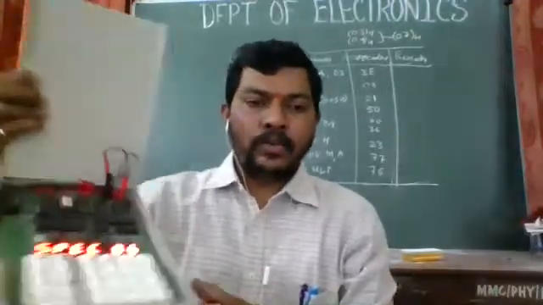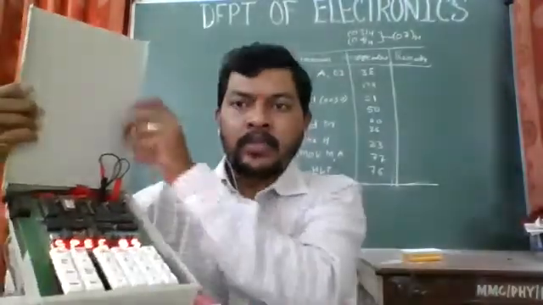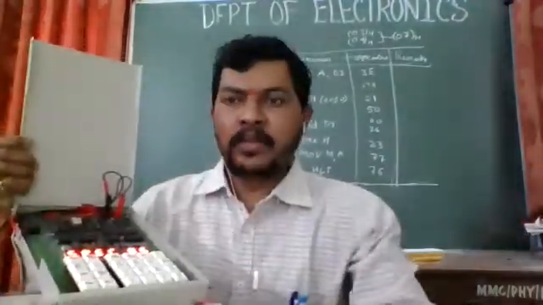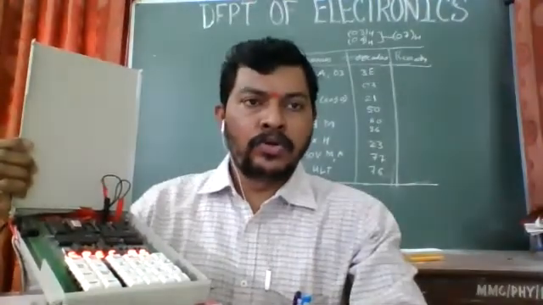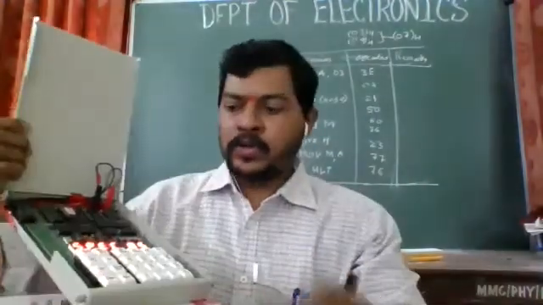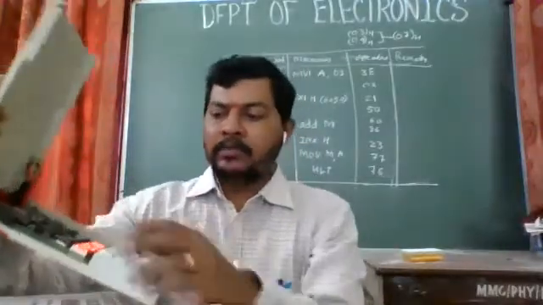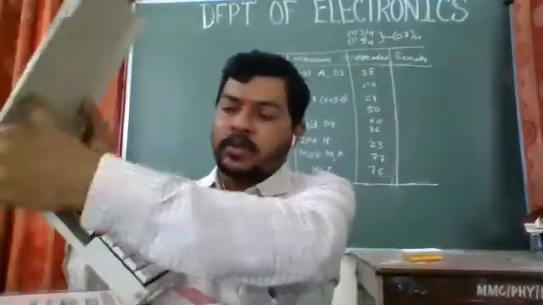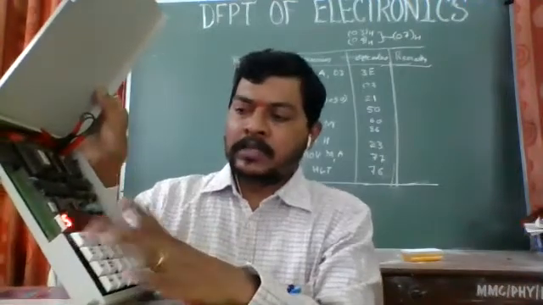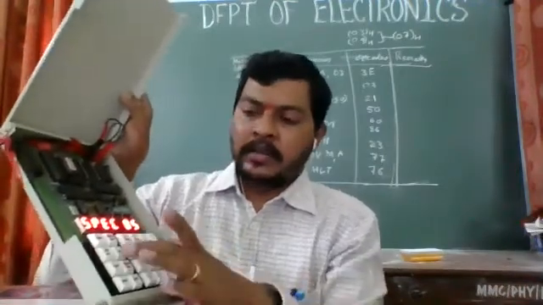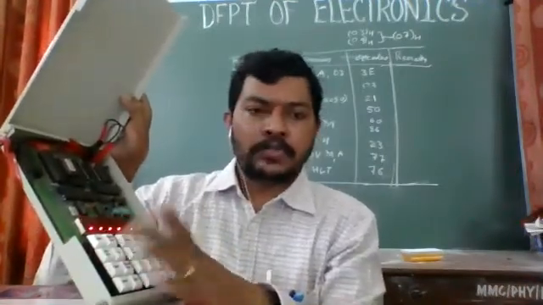Now we'll try to write the program over here. Am I visible? I have that program over there. So we will start with reset. Now the second one is substitute memory.